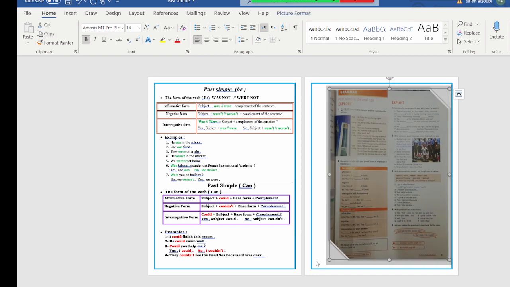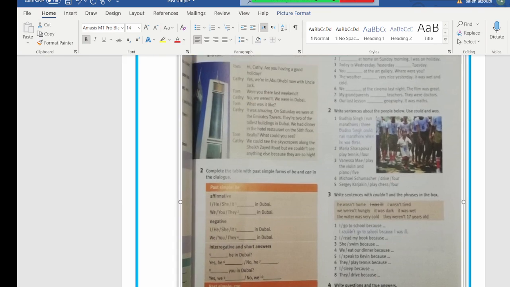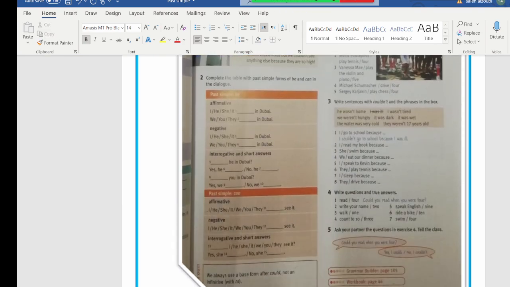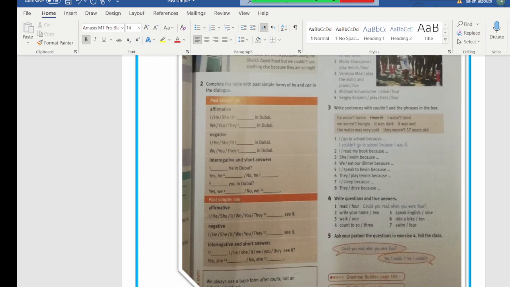Move to exercise number 2. Complete the table with past simple forms of be and can in the dialogue. Past simple with be, affirmative.